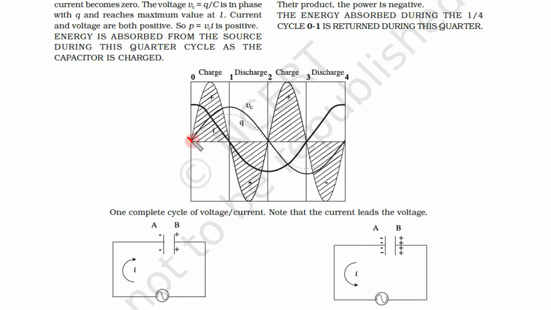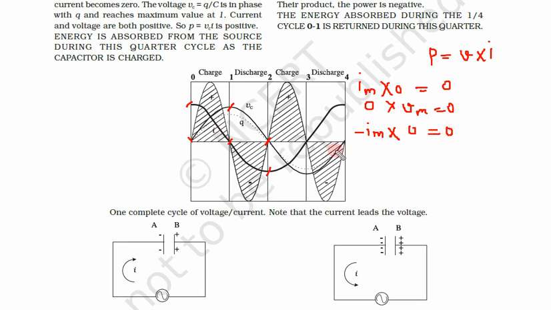At the first point, current is maximum, positive and maximum, but voltage is 0. Power is V into I, so power consumed is 0. At the next point, current is 0, voltage is maximum, again power consumed is 0. Let us see at point 2. At this point voltage is again 0, current is maximum but on the opposite side, so minus Im into 0, again power consumed is 0.